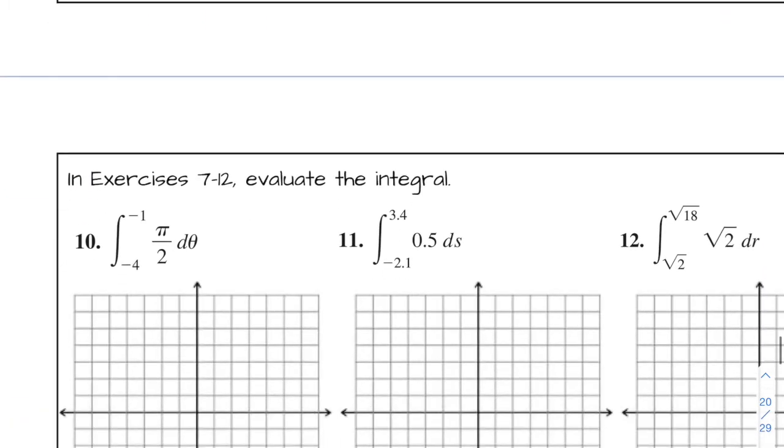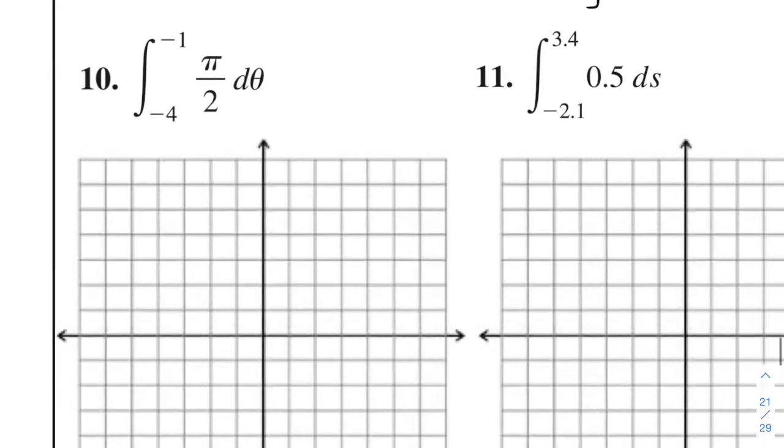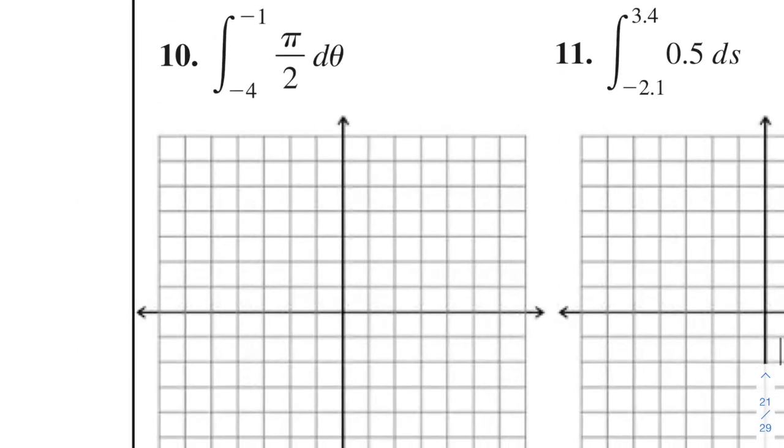Okay? Let's do a little bit more complicated one. For pi over 2, just call this pi over 2. It is as simple as that. You know what? Let me go down a little bit. There we go. Okay, just call that pi over 2. It's just a number. Don't go crazy with this. This is y equals pi over 2. So that's like the number 1 point something, right?